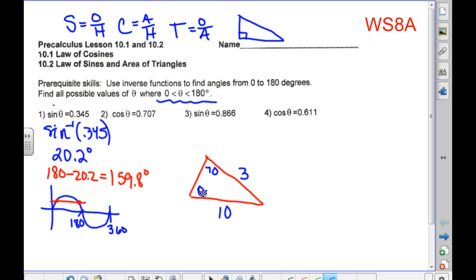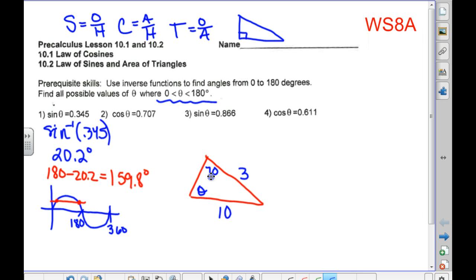No. No. 2 reasons. Somebody tell me one of them? Because one of it's acute. Yes, if you're just going by the way it's drawn, can't assume anything from the way it's drawn. But do you remember the longest side has to be opposite the biggest angle, smallest side opposite the smallest angle?